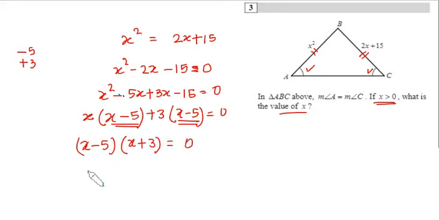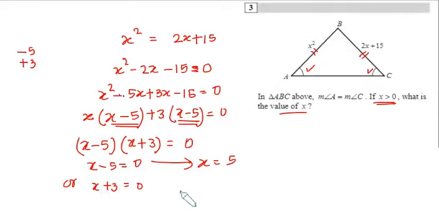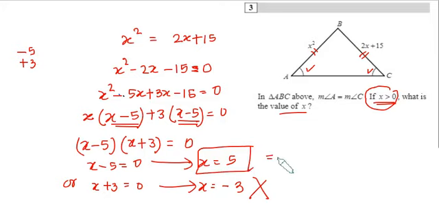So either x minus 5 equals 0 or x plus 3 equals 0. From here we get x equals 5, and from here x equals -3, but we cannot take this value as x is greater than 0. So x cannot have the value -3. So our answer is x equals 5.